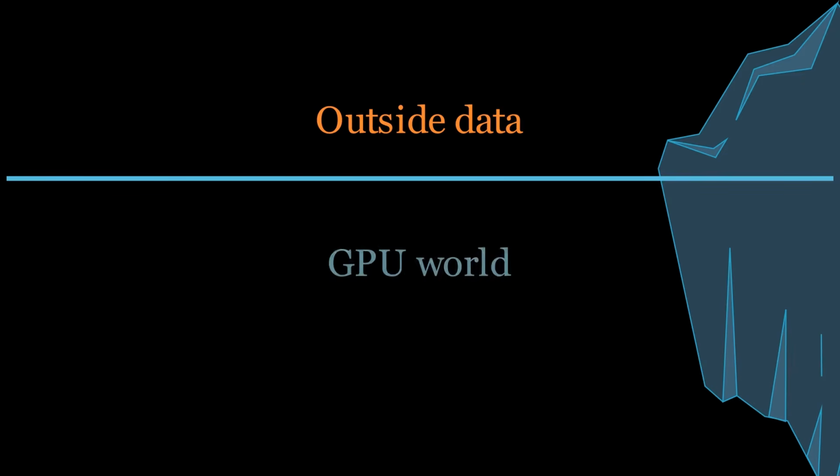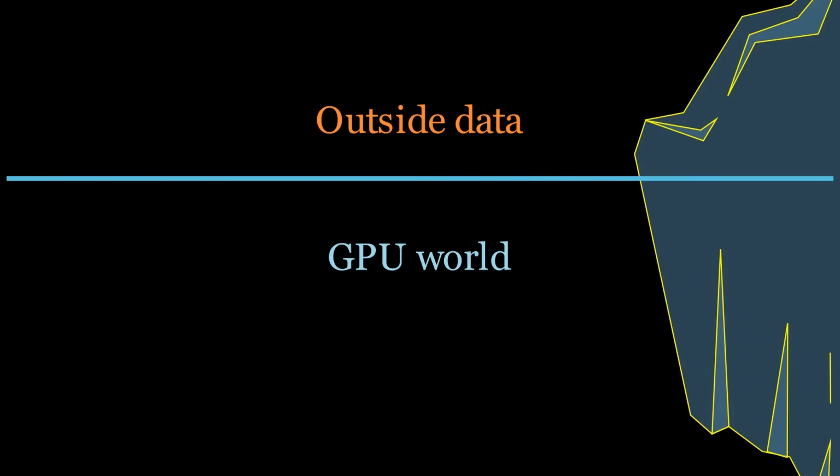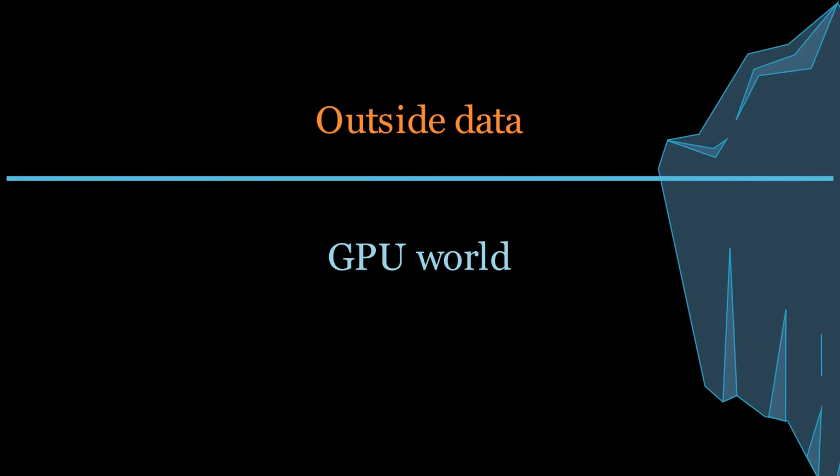It's also useful to visualize everything above the water level as host memory and even GPU's global memory, while everything below the water level represents the data within the GPU's shared memory or register memory. As a GPU programmer, your skill lies in efficiently loading the data from the GPU's global memory and processing it, then writing it back to global memory.